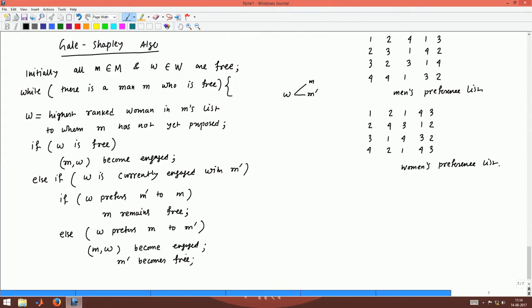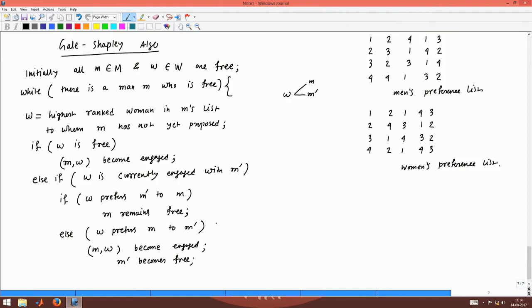Okay. So, when at some point of time W is free, you just make M and W engaged, but this engagement is not the final engagement. It might break at some point of time during the execution of the algorithm.